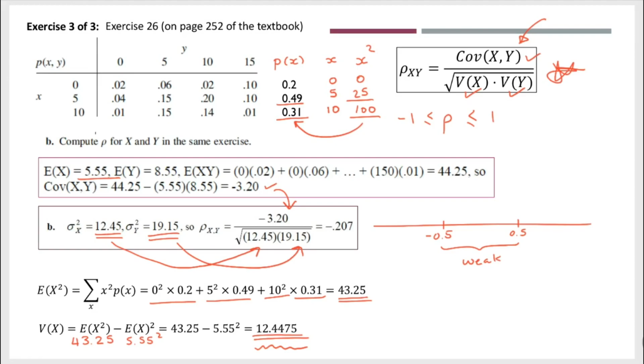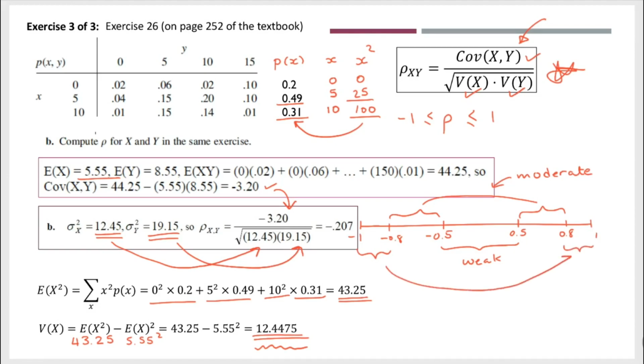And then when you go up to 0.8 and here minus 0.8, so if you're now in this region or that one, then we say you have a moderate linear relationship between x and y, and then you go up to minus 1 and positive 1. And now if you have values in those two regions there, then we say that we have a strong linear relationship.